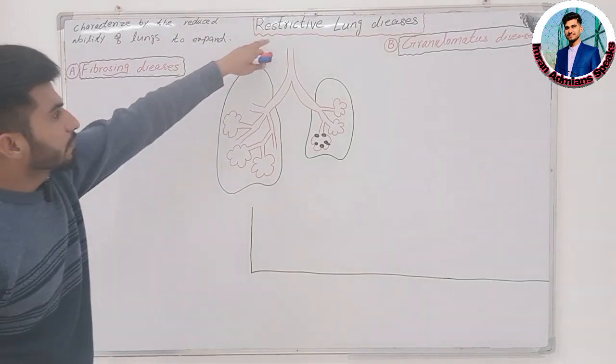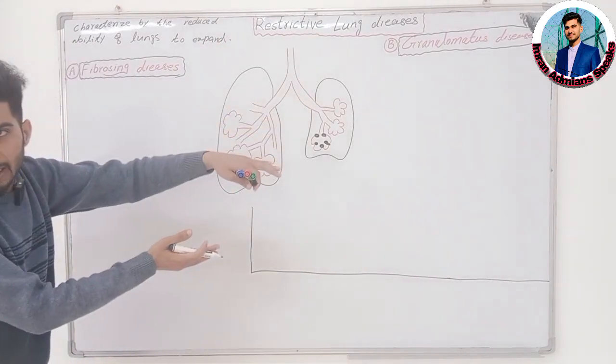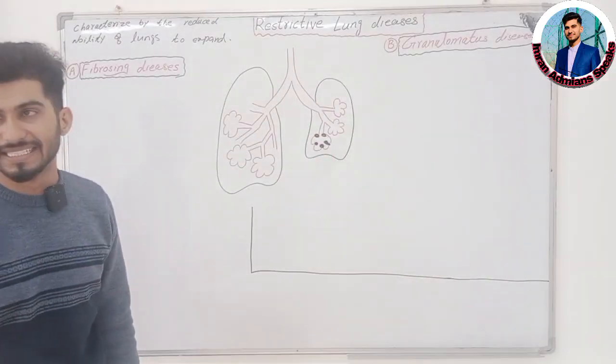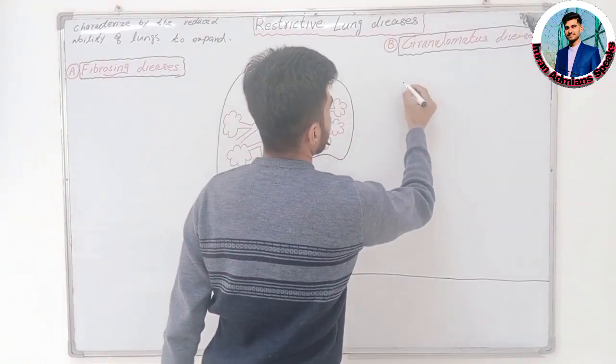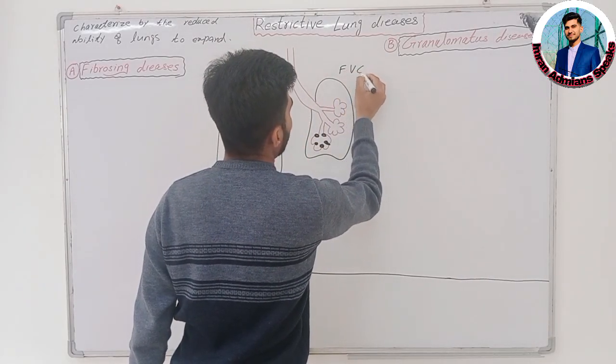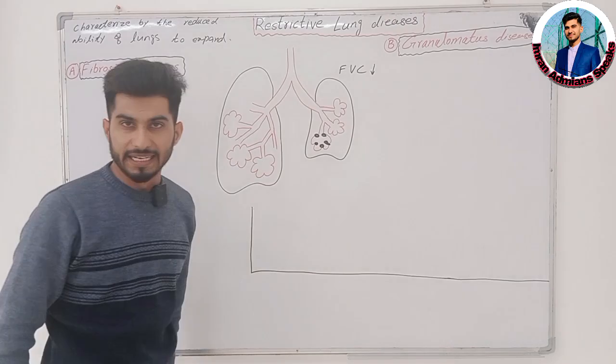In case of restrictive pulmonary disease, there is a reduced capacity of the lungs, meaning the forced vital capacity decreases.